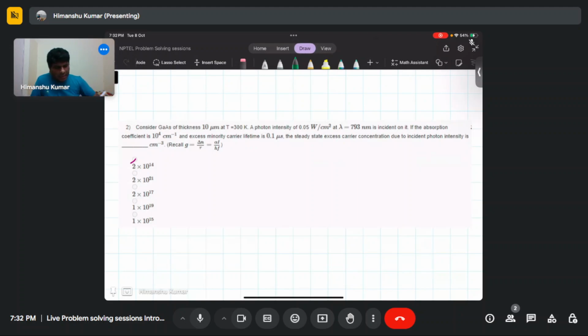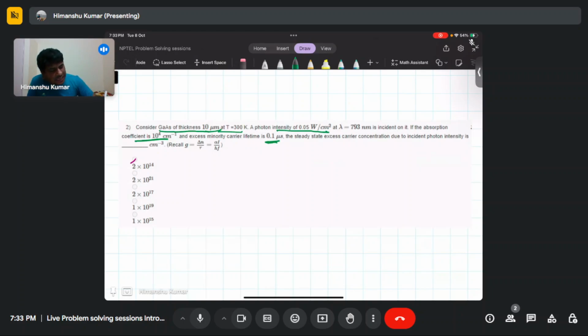So consider a gallium arsenide of thickness 10 micron at 300 Kelvin. A photon intensity of 0.4 watt per centimeter square, lambda equals 793, is incident on it. The absorption coefficient is 10 power 4 per centimeter, and the excess minority carrier lifetime is 0.1 microsecond.